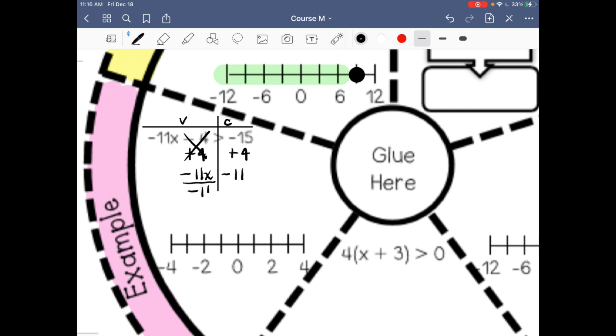Be careful, we're dividing by negative 11. So what happens to that arrow? You got it. It flips the other way, and then we have a 1, positive 1. So to graph this one, I'm going to put the circle at positive 1. It is an open interval, and we shade to the left.